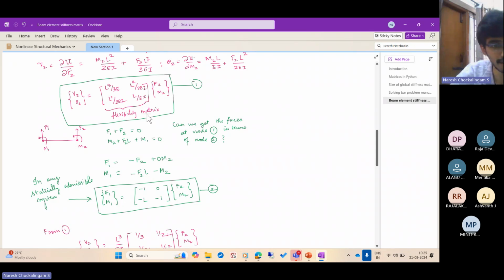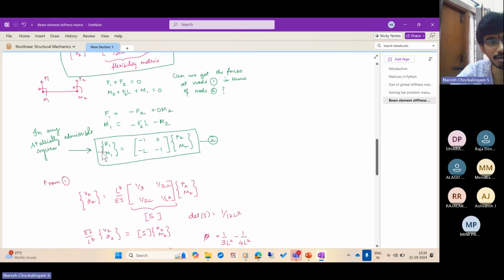But you also have equilibrium conditions, which say that under any boundary conditions and loading, these conditions have to be satisfied: the force at node 1 should be the negative of force at node 2, and the moment at node 1 should be the negative of moment at node 2 plus the negative of F2 times L. So these have to be satisfied for any statically admissible system.